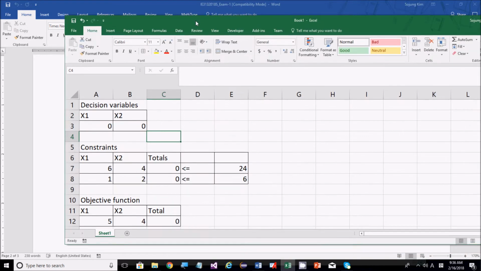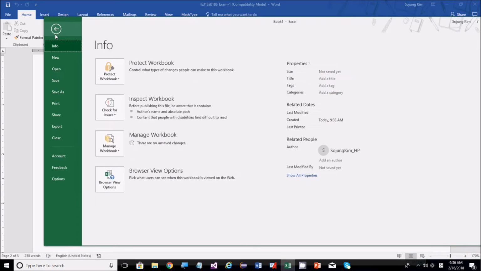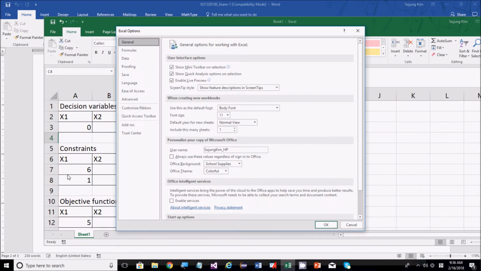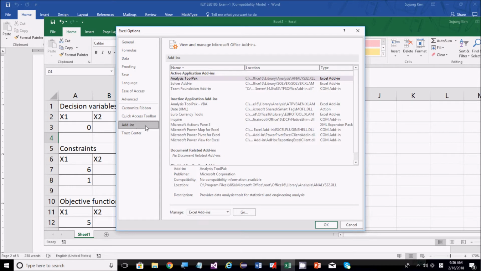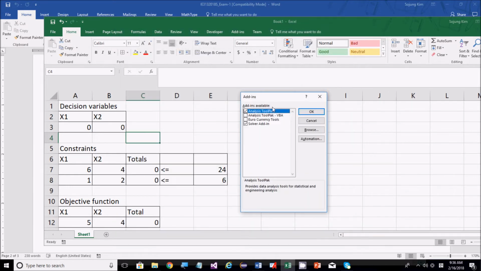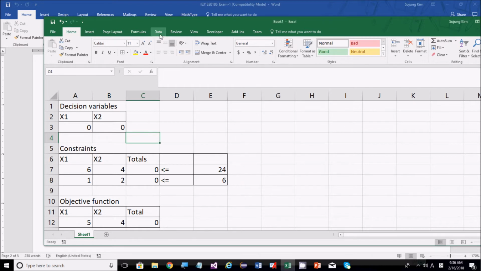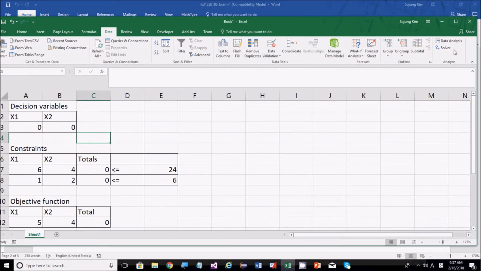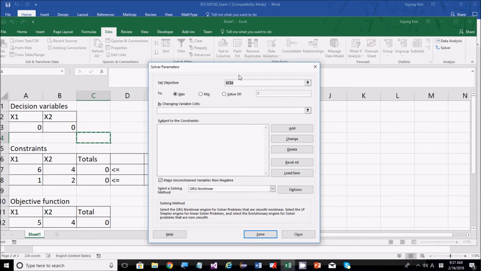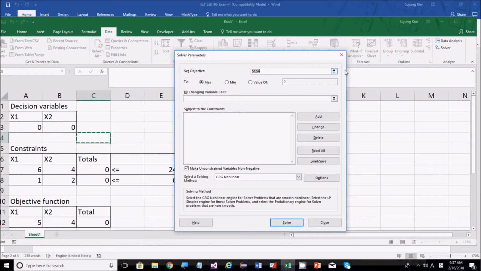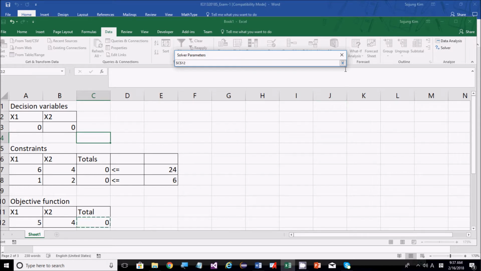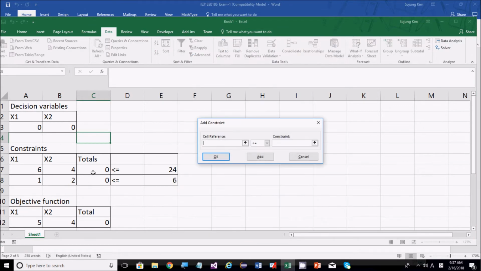Okay, let's use the solver. If you don't have the solver, you can go to options, and there is add-in so that you can add the solver into your Excel. But in my case, I already have one, so I can just click the solver to get the solution. Once again, we want to maximize this objective function by changing the values of these two variables, and add a constraint.